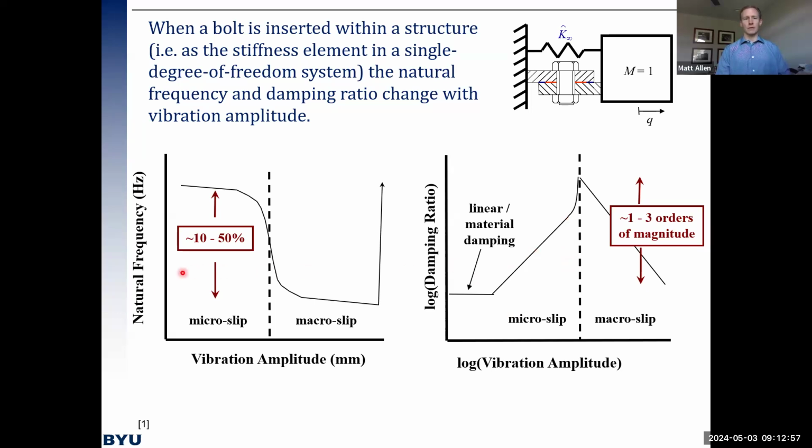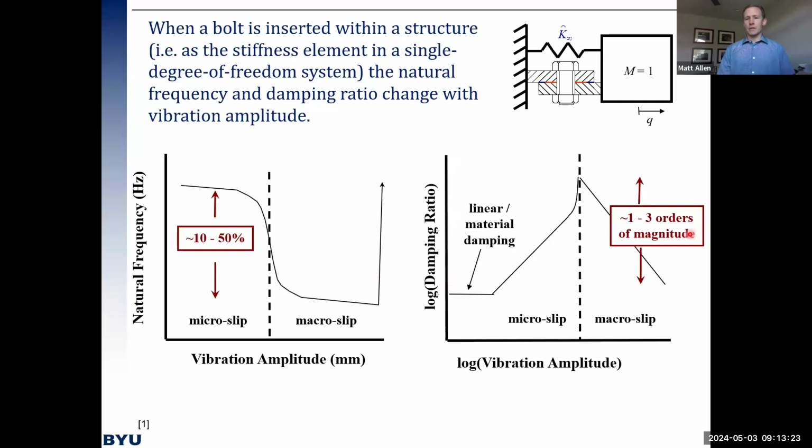So I like to think of it in terms of natural frequency and damping ratio. The natural frequency of a bolted joint behaves just as the stiffness does, as I mentioned a bit ago. And as I mentioned, the stiffness decrease tends to be relatively small, maybe only a few percent in microslip, up to maybe tens of percent, or 50%, in macroslip.